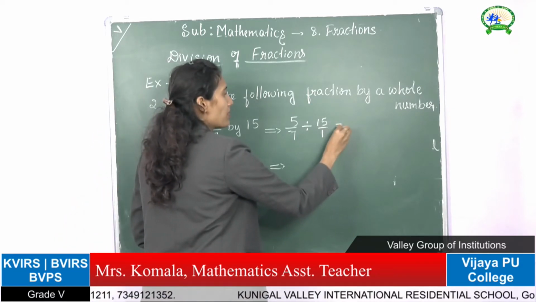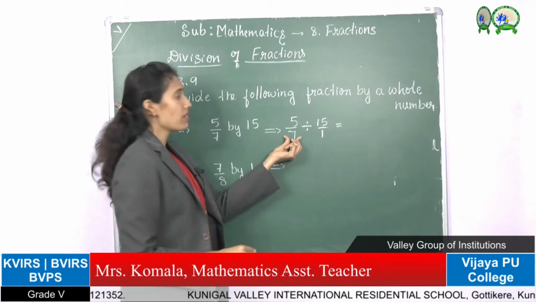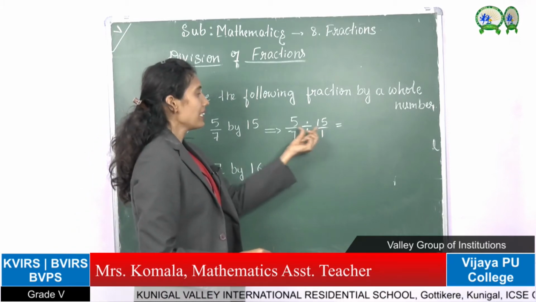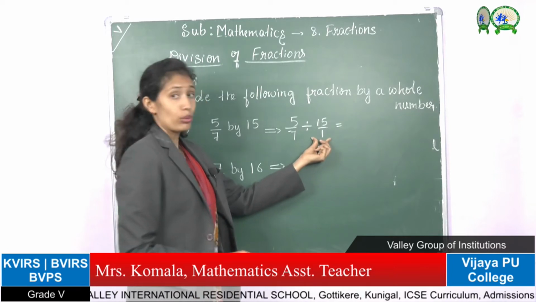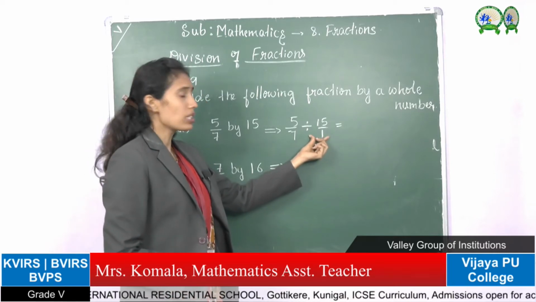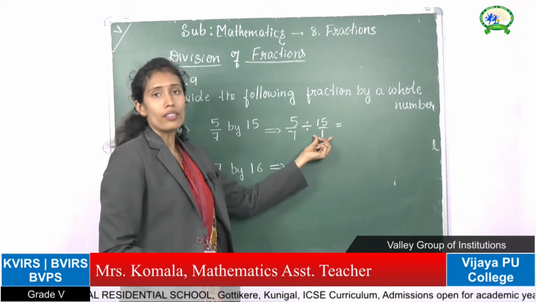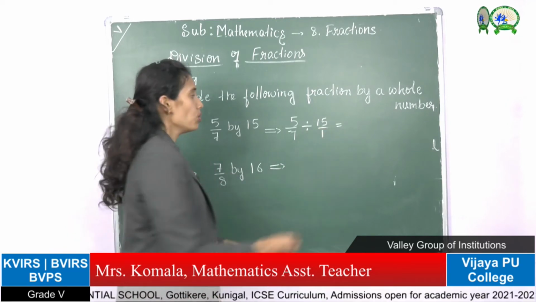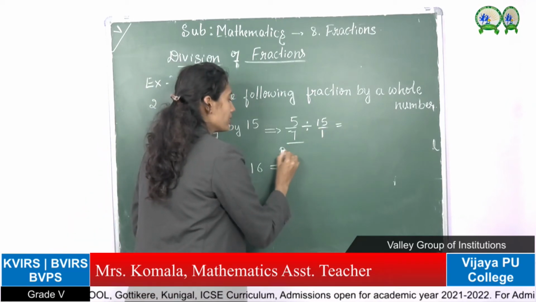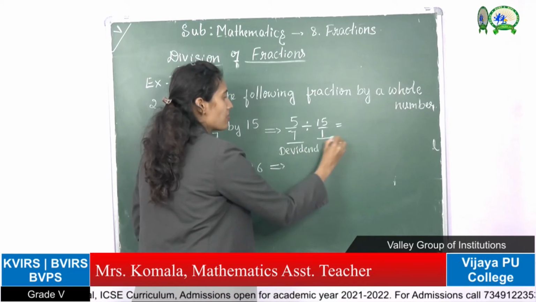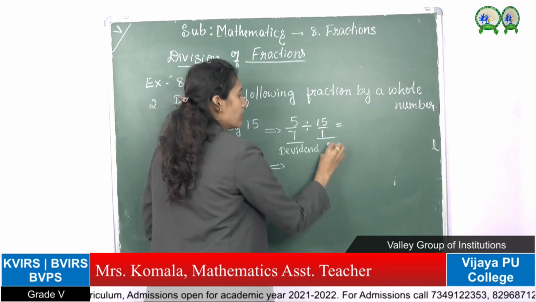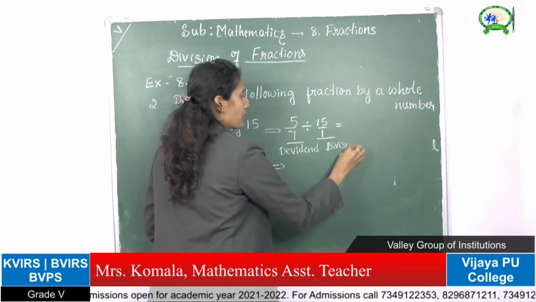Now you can simplify here. How to simplify? Here 5 by 7 and 15 by 1. For that, in division you have to take the reciprocal of the divisor. So this is called the dividend and this fraction is called the divisor.